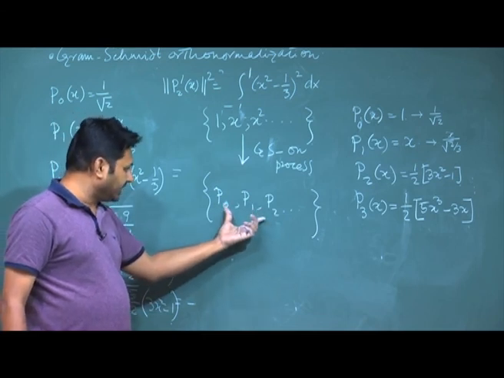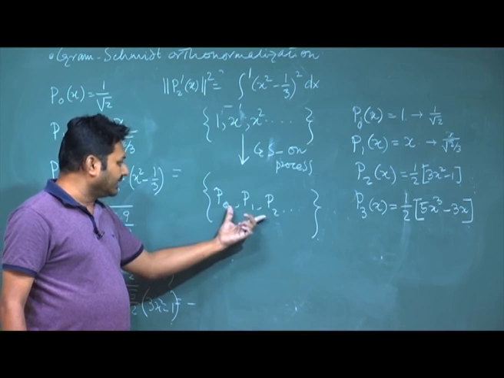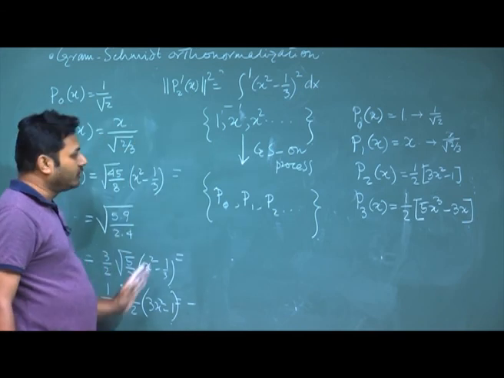If they are orthogonal and normalized, then we can say that these can be used as a potential basis, and this is the value we have calculated.